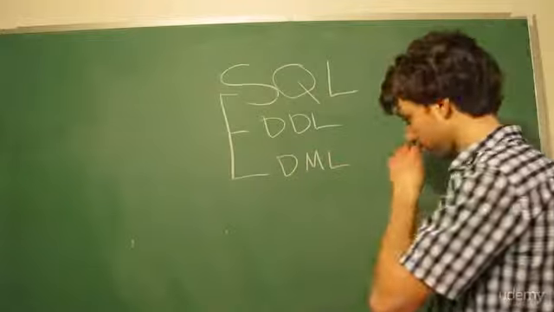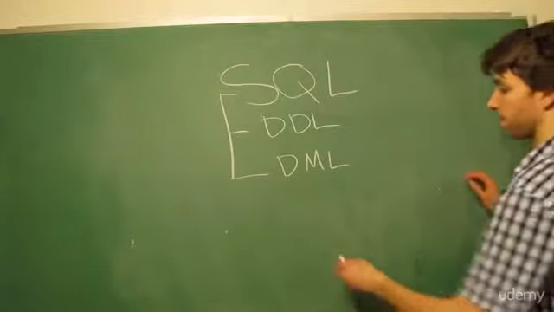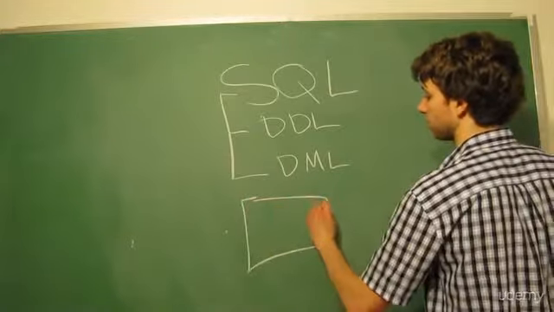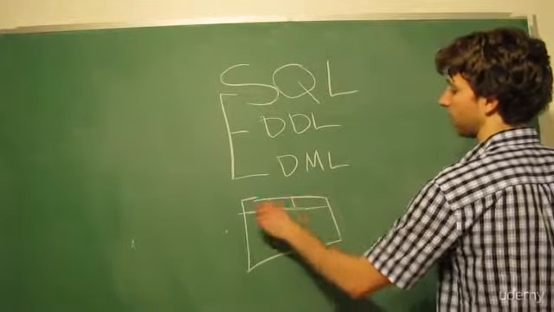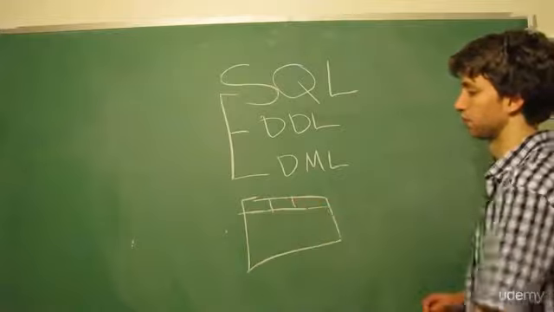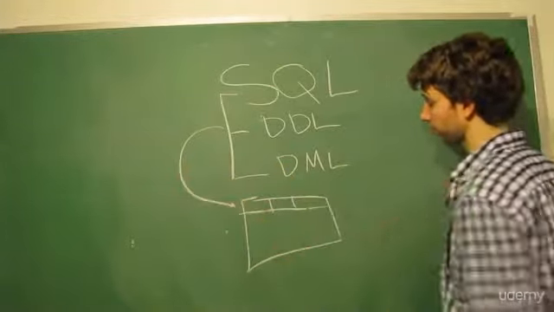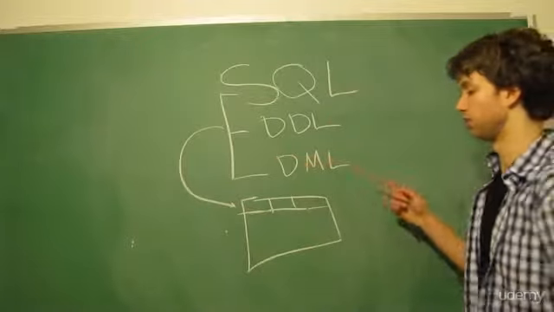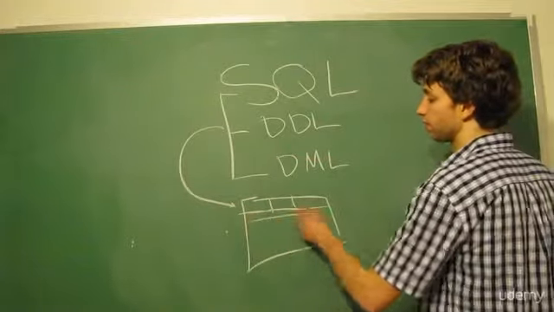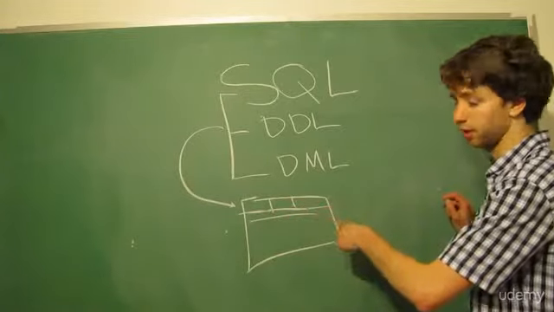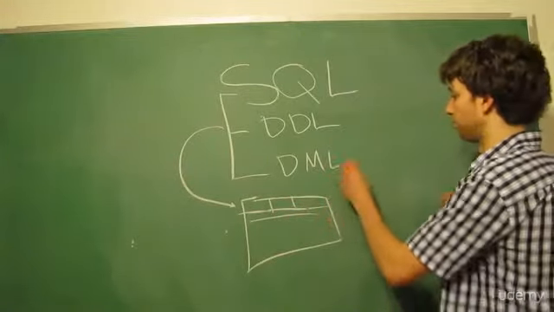DML. When we have a table, for example, I'm just going to write this down here, and we have the columns. So we have ID, username, password. Well, that's data definition language. Data manipulation language is what we would use to insert a new value, such as the ID of 72, the username of Caleb Curry, password of pi123.